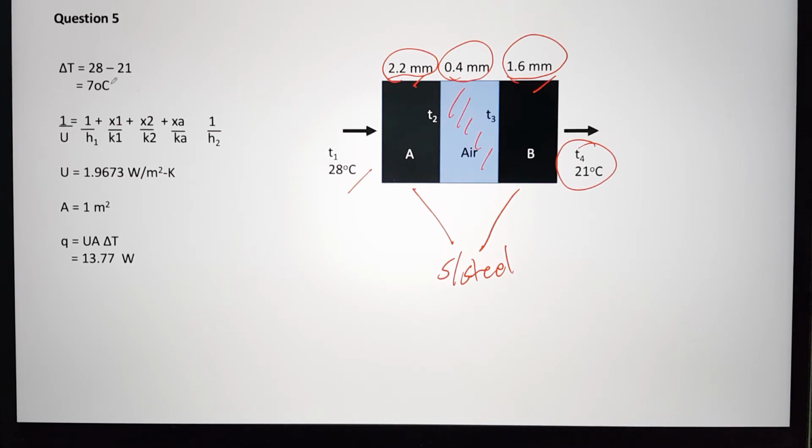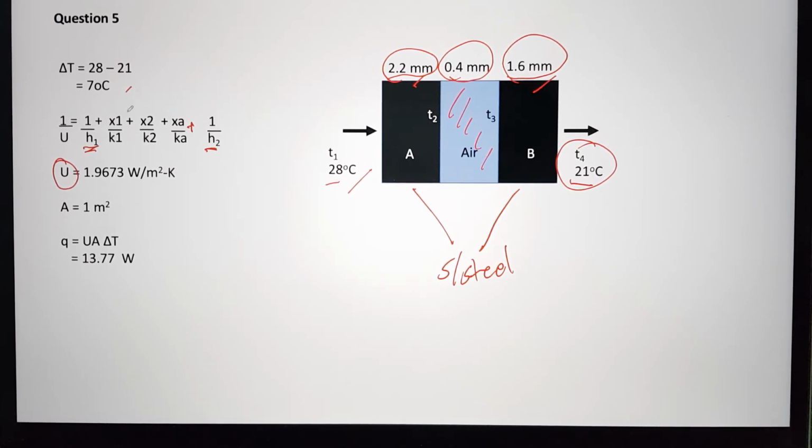Okay, so first thing first, calculate the temperature difference, of course from the higher temperature to the lower temperature. The temperature difference is 7 degrees Celsius, followed by calculation of the overall heat transfer coefficient. Since this one involves several materials, the surface heat transfer coefficient has been given for one side, and for the other side you are given another surface heat transfer coefficient as well.